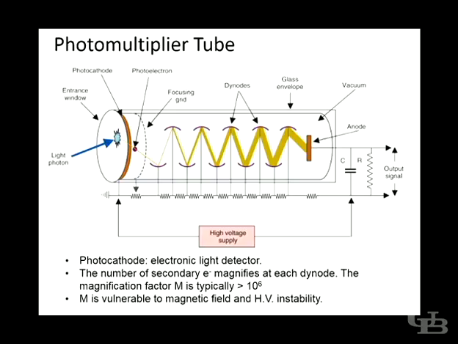And in each stage of acceleration in the electric field, the end point is a target. So the accelerated electrons will hit that target. And that target is designed so when there's a hit from electron, you produce more electrons. And the more electrons are accelerated in the next stage of electric field, and more electrons produced.